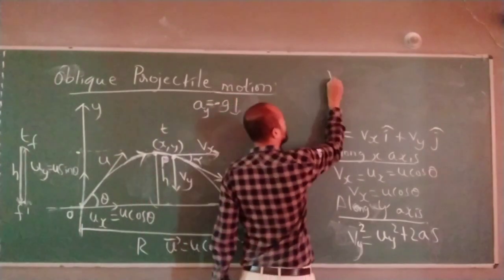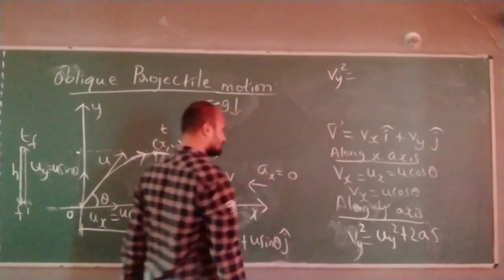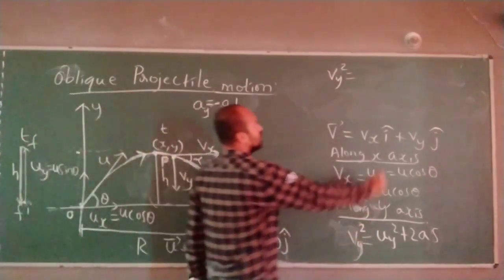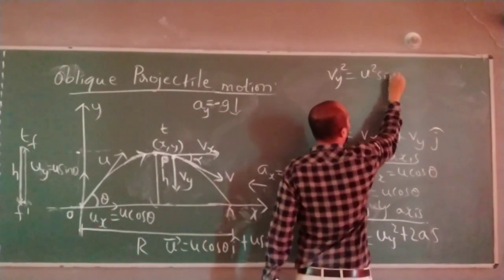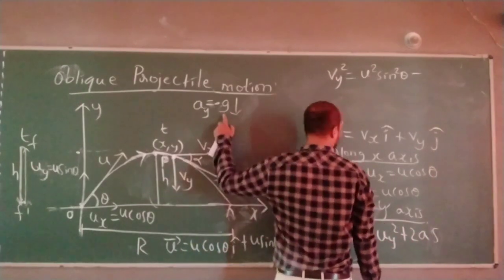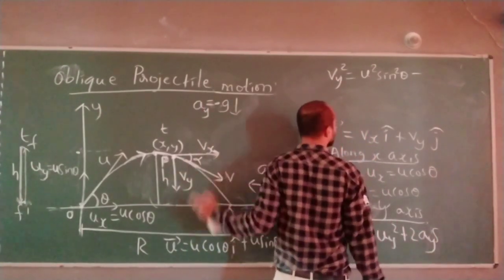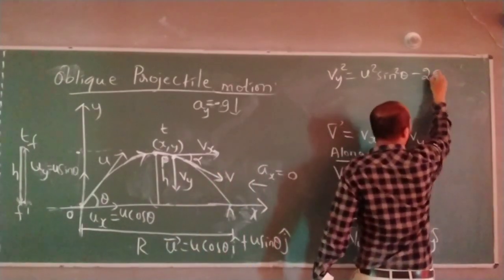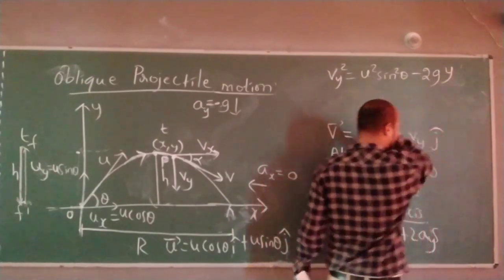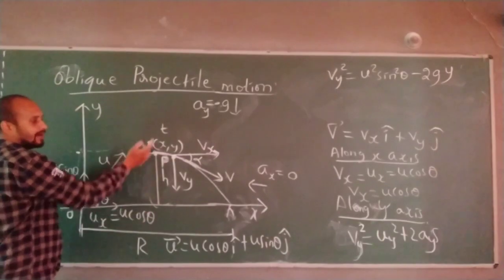Vy square can be written as Uy square, which is u square sin square theta, minus 2 g y, because ay is minus g and s is the displacement along the y axis, that is y.